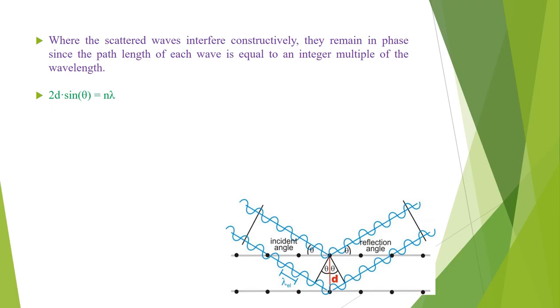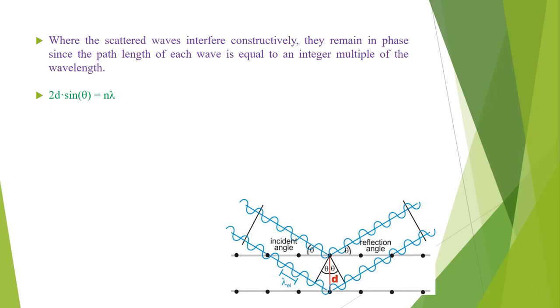2d sine theta is equal to n lambda, where n is an integer determined by the order given and lambda is the wavelength.